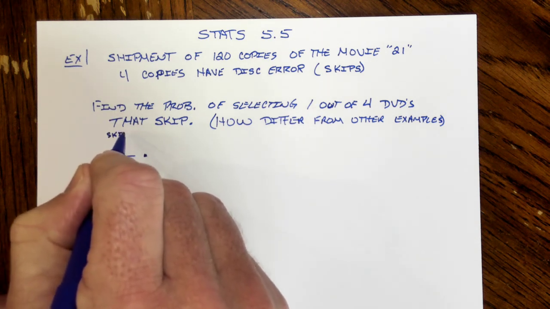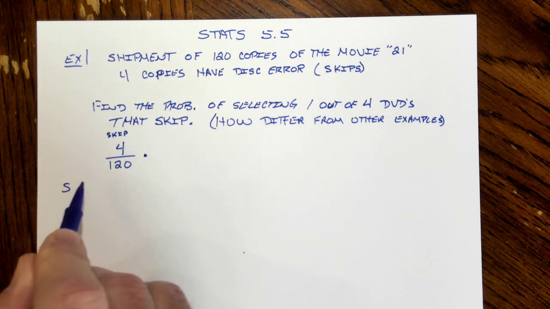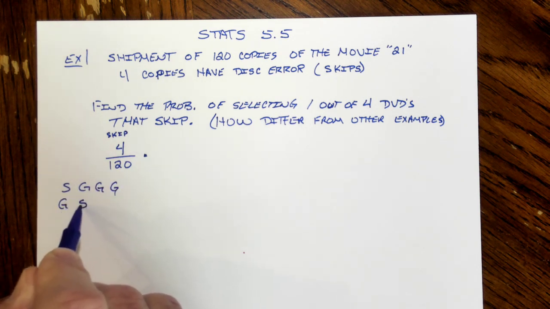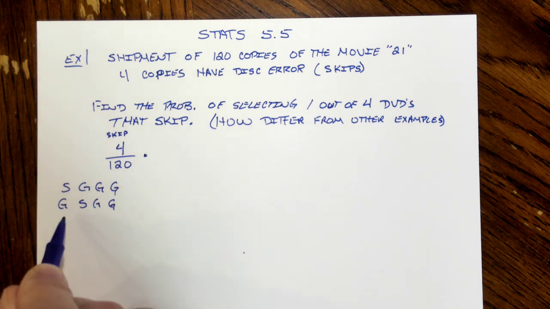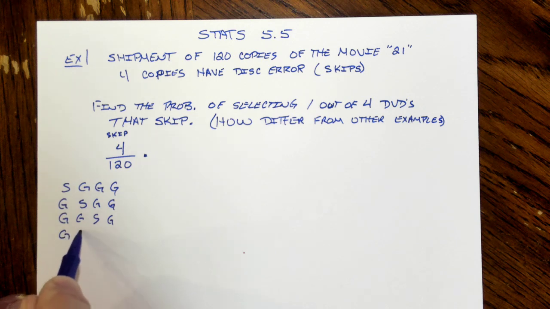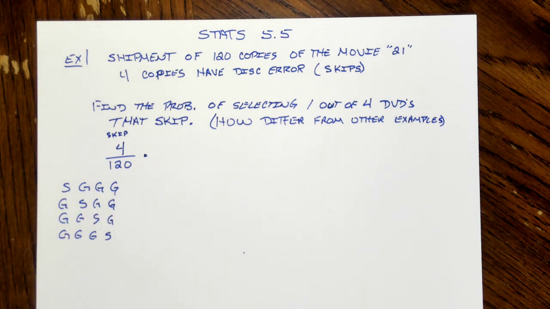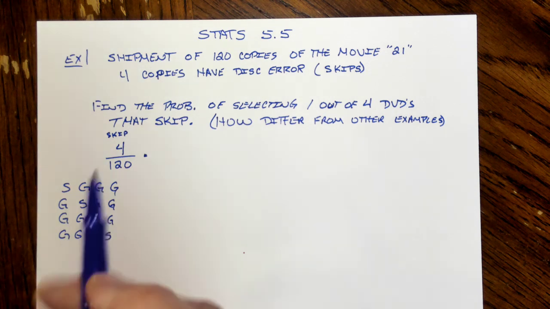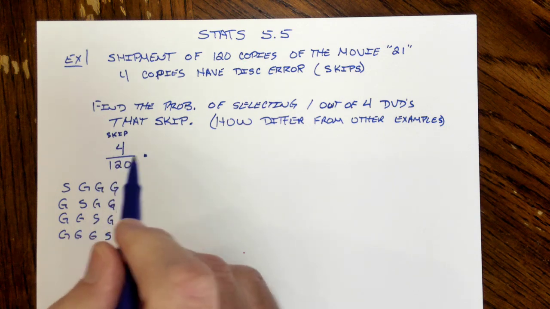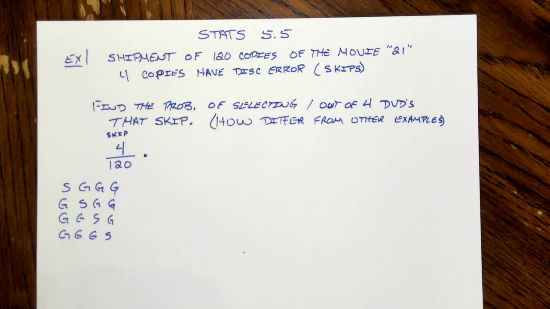All the rest, so if we went skip, good, good, good, good, skip, good, good, good, good, skip, good, good, good, good, skip. So our sample space is 4 ways this could happen. We're only going to figure it out one way. It should look familiar to you now.